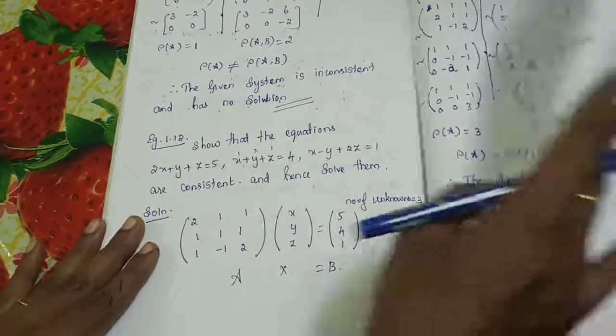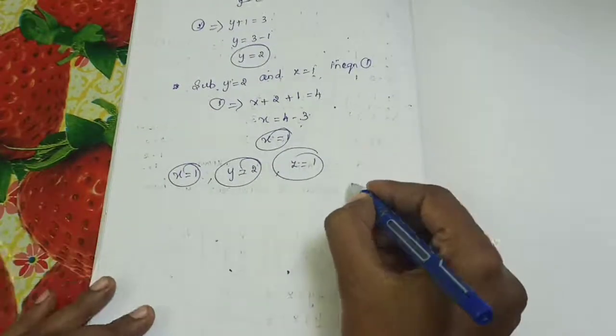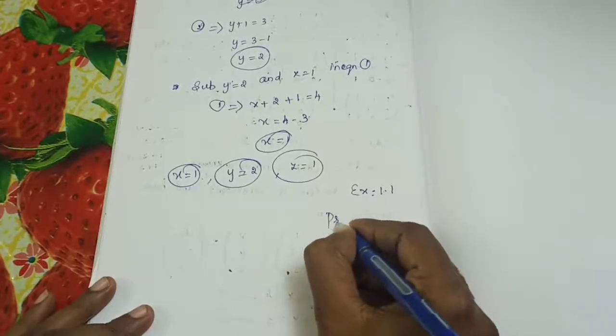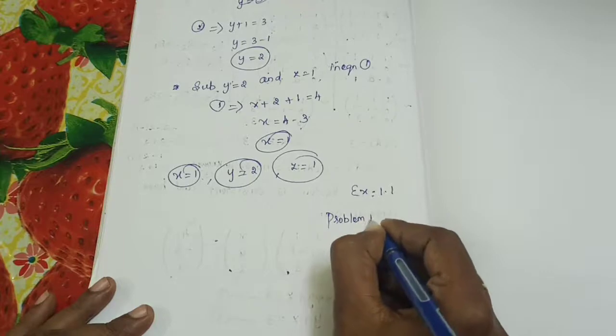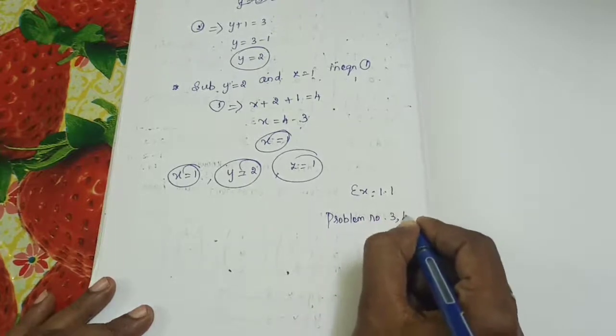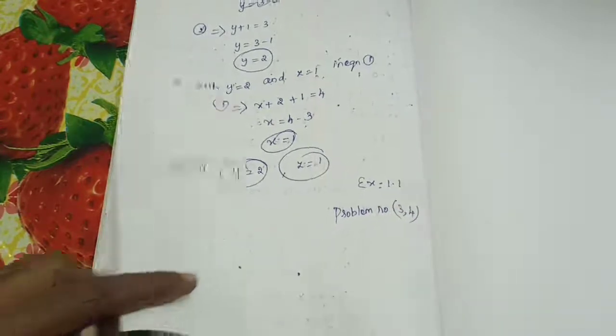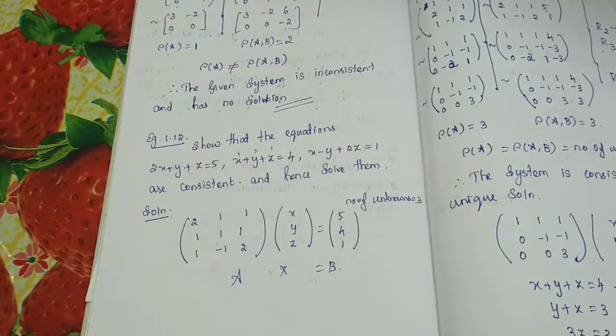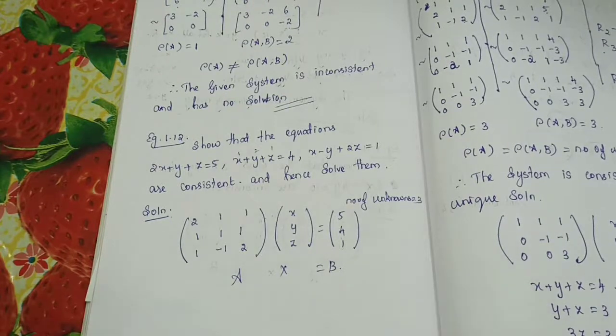Understand? Now I am going to give homework for you. That is exercise 1.1, problem number 3 and 4, same as this example 1.12. Now go through this example and try to solve that.